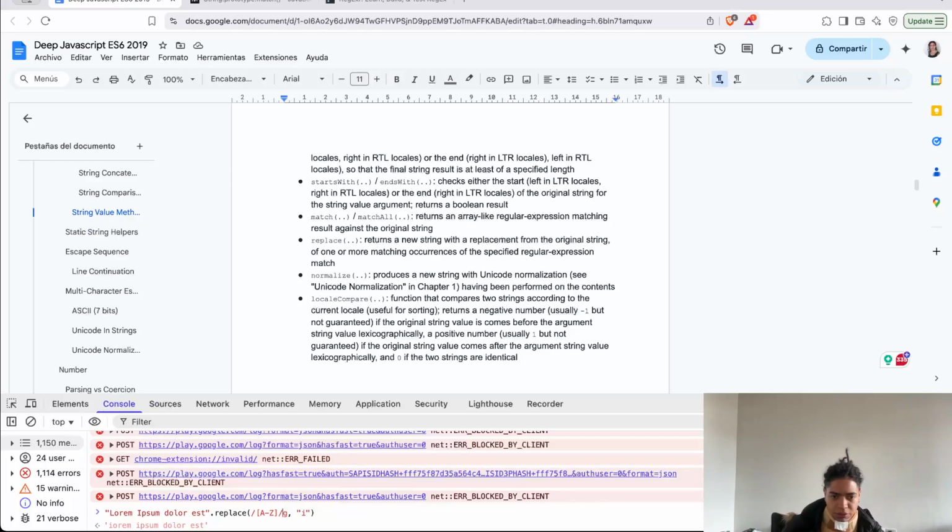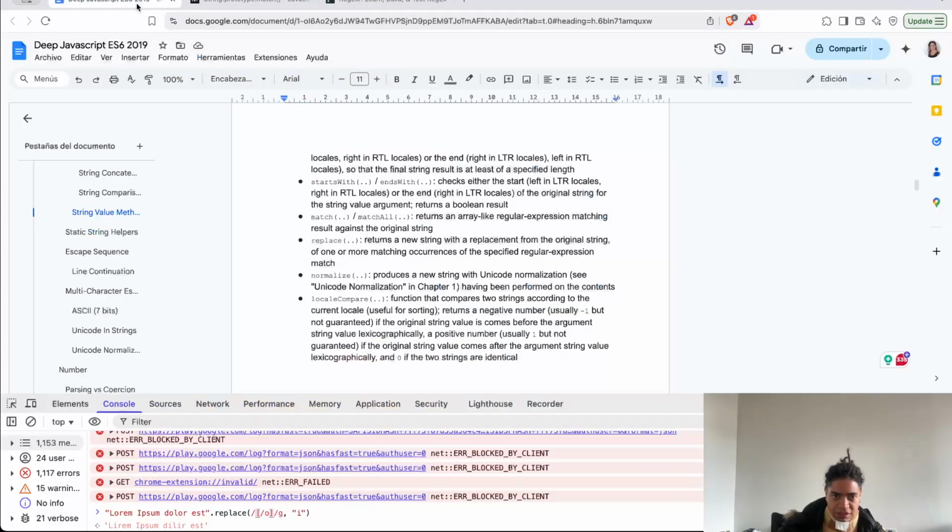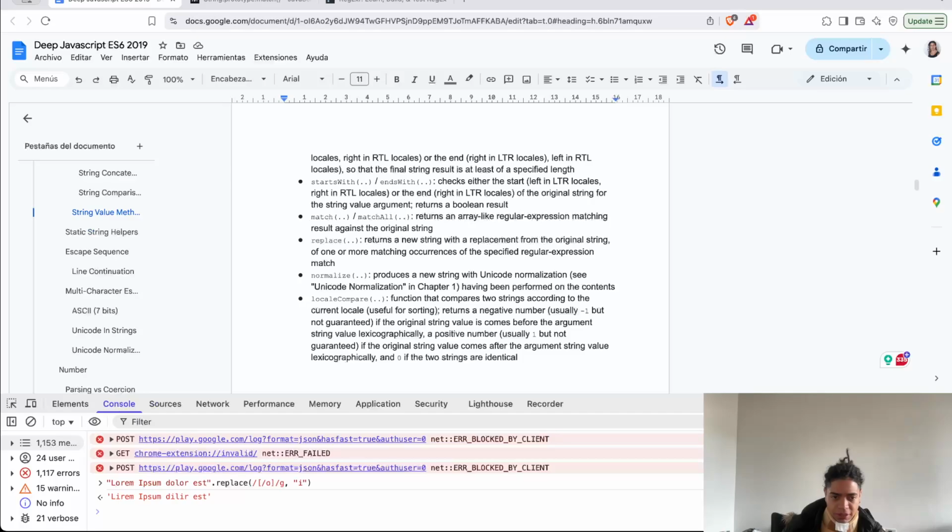And then here you say, give me only those that match O. Anytime you find an O, for each instance, match any, and I want you to replace that with I. And here it's going to find all of them. If you don't pass a regular expression, it is just going to find the first, and that's it.